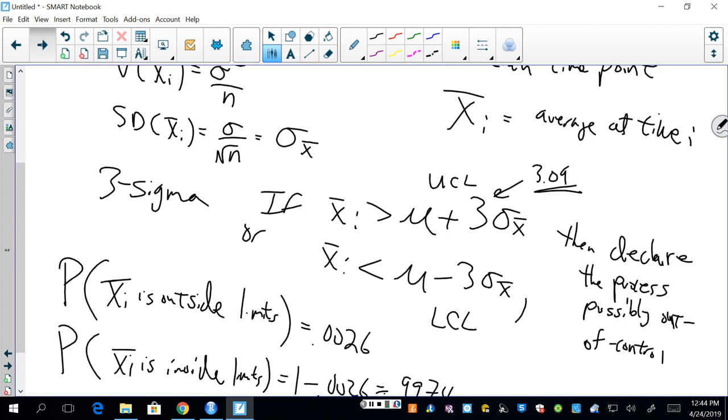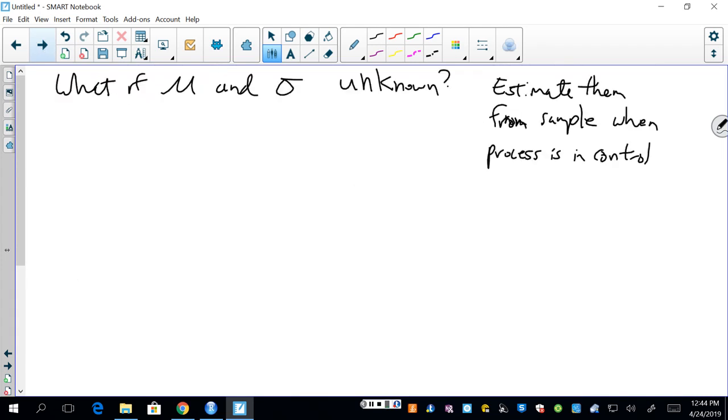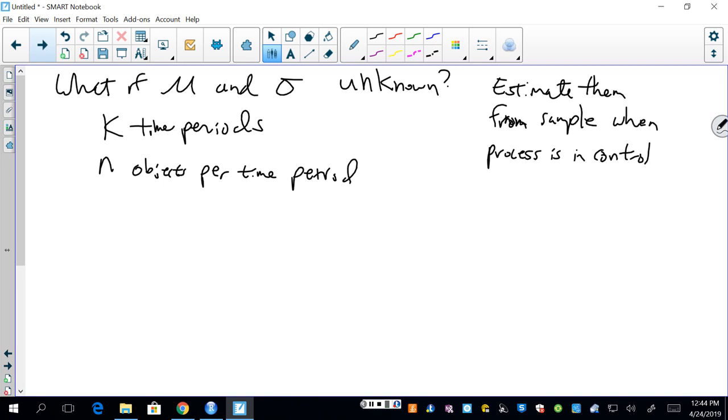So what are we going to do? It's not known, right? So let's say we have a K time period, and we take n objects or evaluations per time period. In many cases, it's possible that n is small.